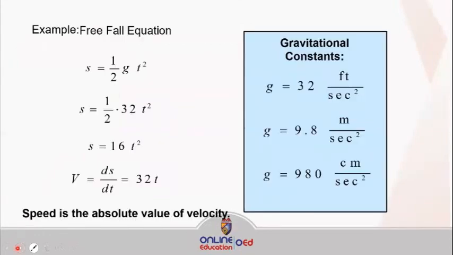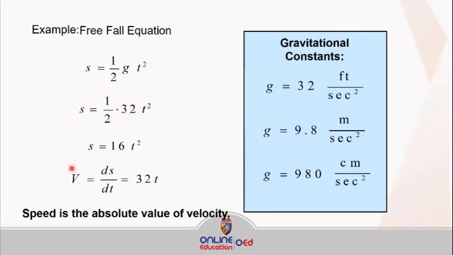An additional example is the free fall equation, where we consider the gravitational constant. Here s equals 1 over 2 g times t squared, which gives 16t squared.